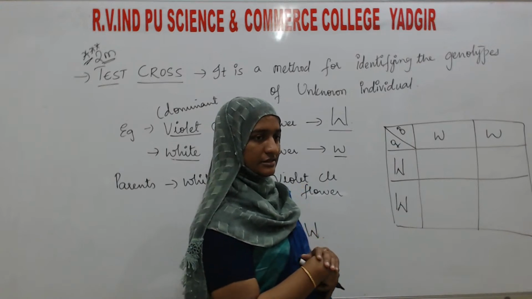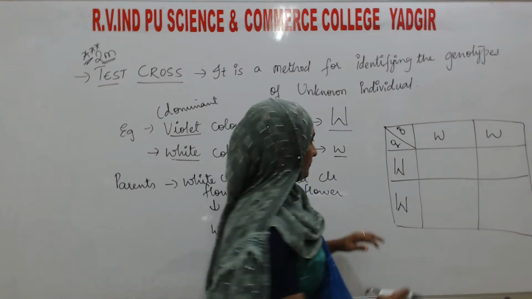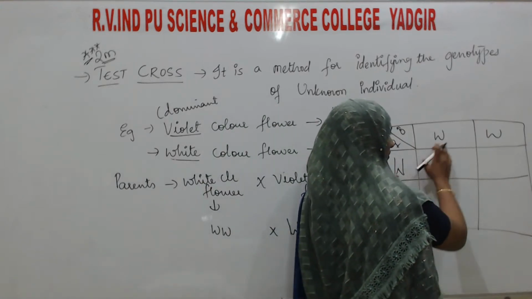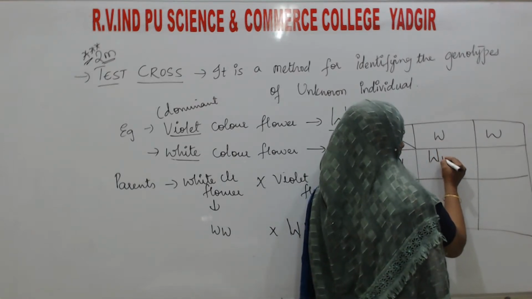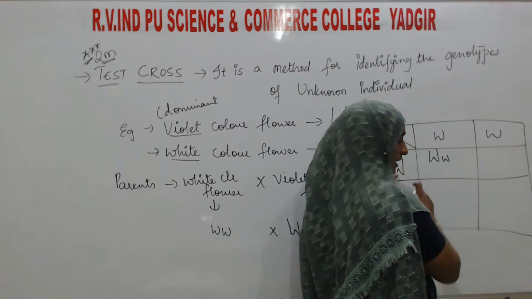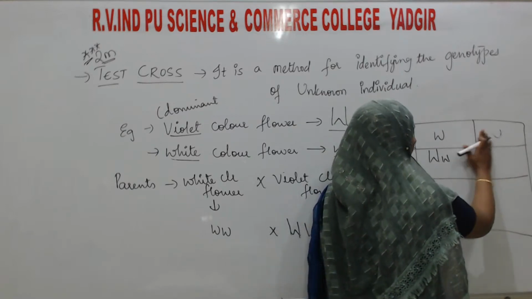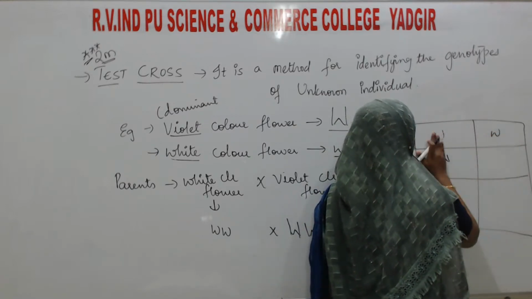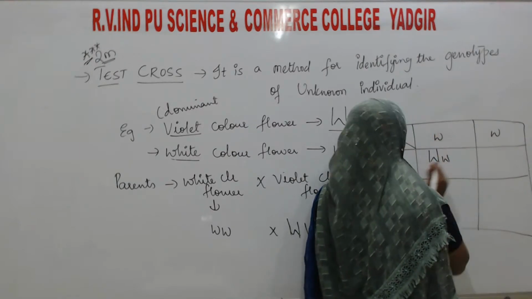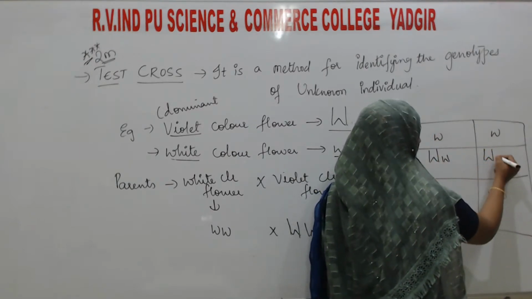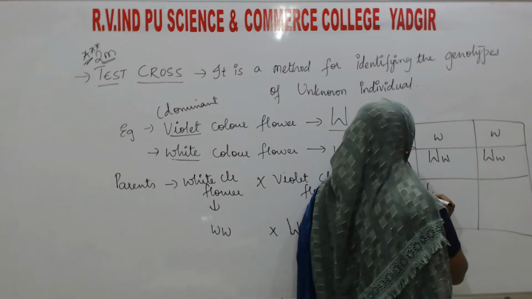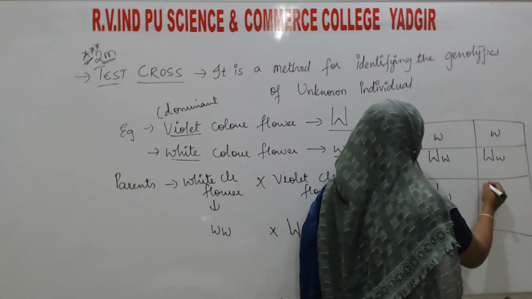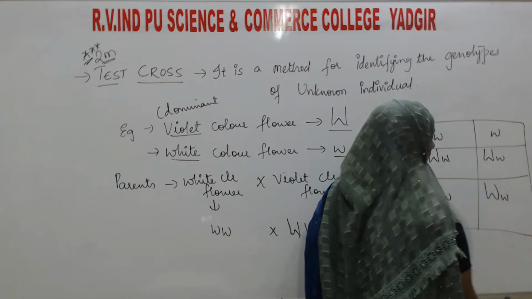Next, what will he get? Capital W crossed with small w gives capital W, small w. Then again capital W, small w, and again capital W, small w.